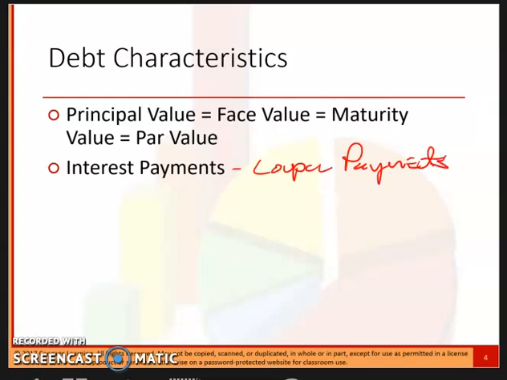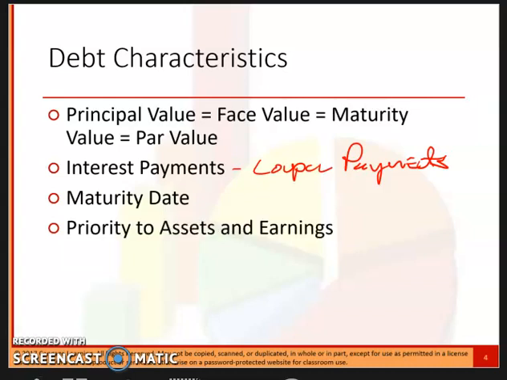Most people would refer to it as coupon payments because it's the coupon rate multiplied by that face value that determines the payment. Maturity date, that is the date that the bond stops paying interest and the date that principal is returned.